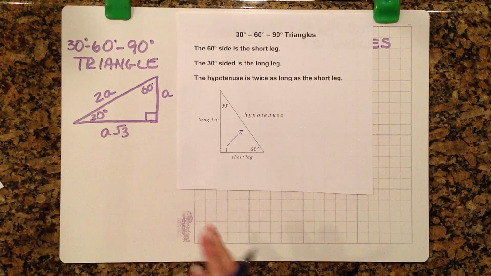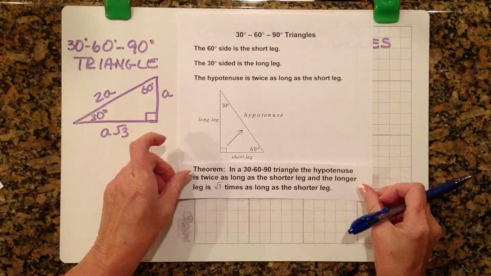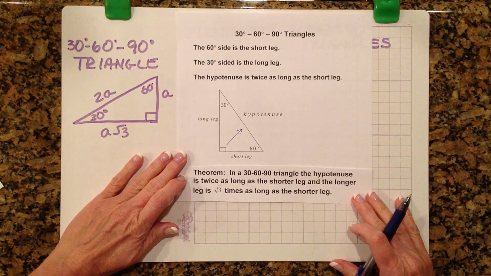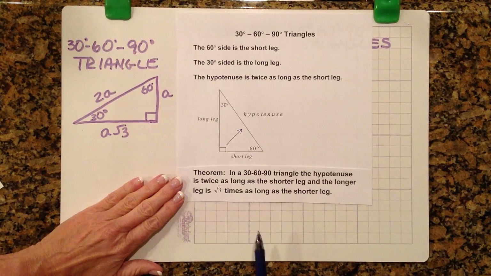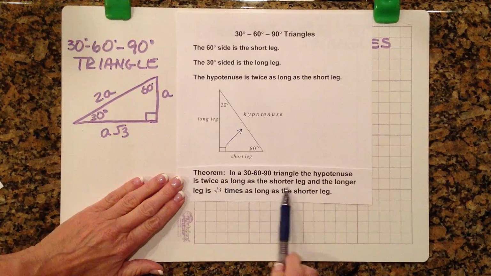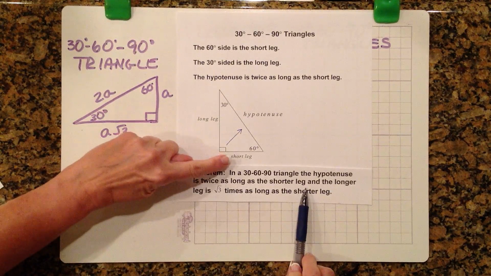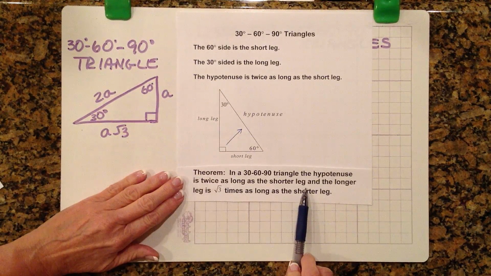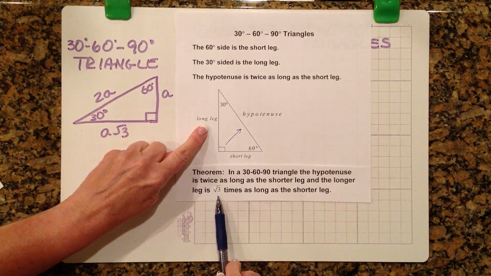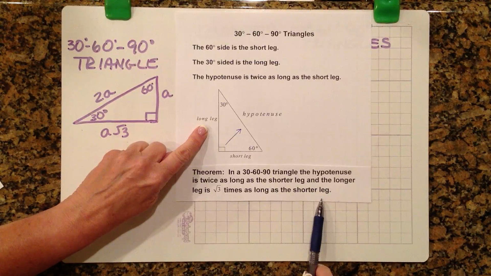So let's look at a theorem. If you need to, stop the video to write this down. Theorem. In a 30, 60, 90 triangle, the hypotenuse is twice as long as the shorter leg, which is this one right here, and the longer leg is a square root of 3 times as long as the short leg.